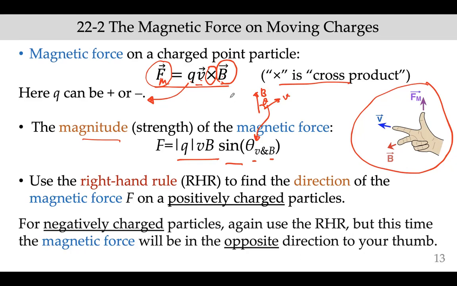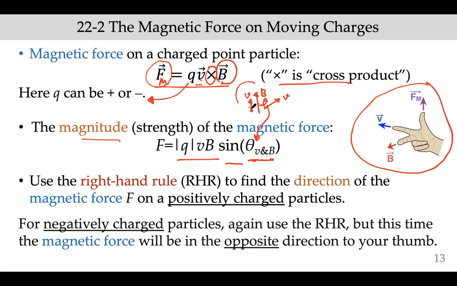And from here, you can see that when the velocity and the magnetic field are in the same direction, what it means is you have a charged particle that goes in the same direction as the magnetic field, then what happens? Well, theta, the angle between them, is 0. So you would write 0 here, and sine 0 would give you 0.